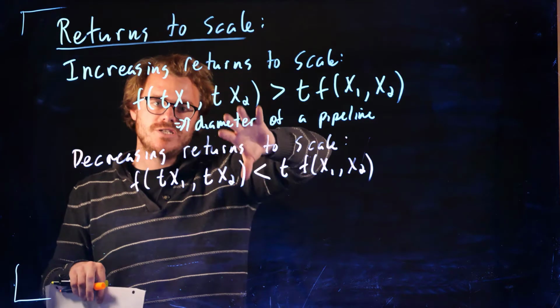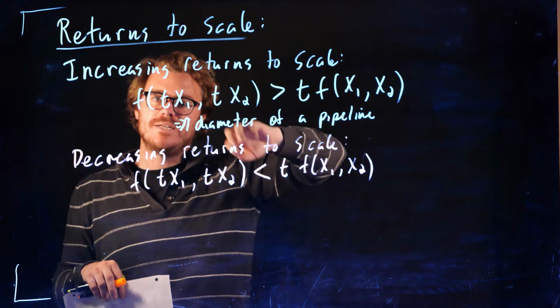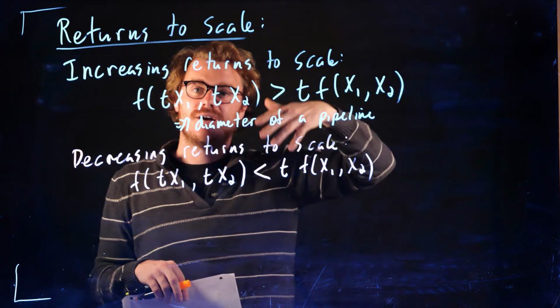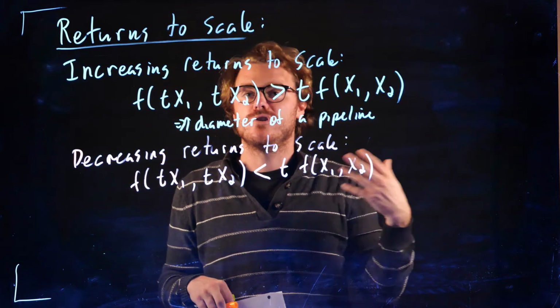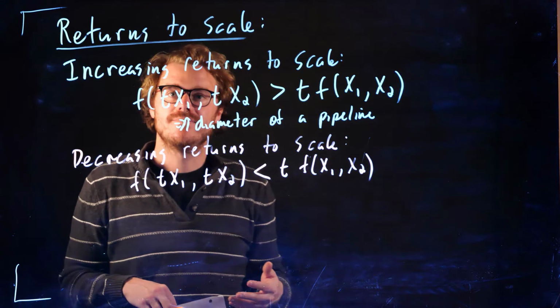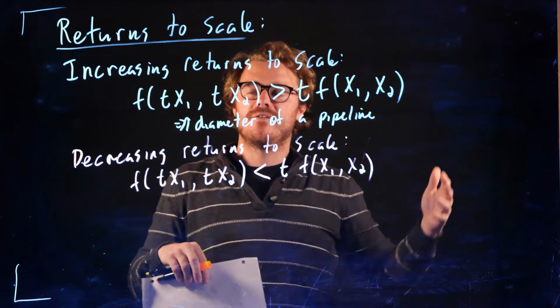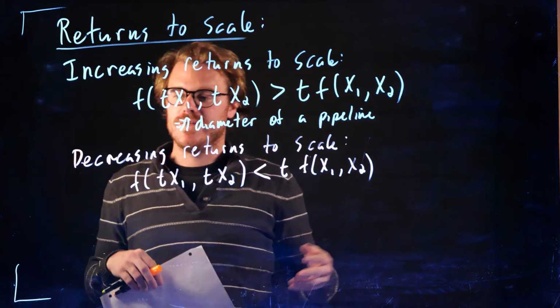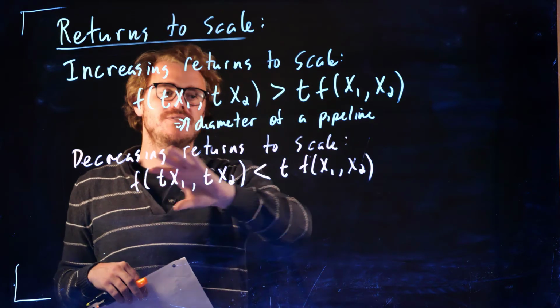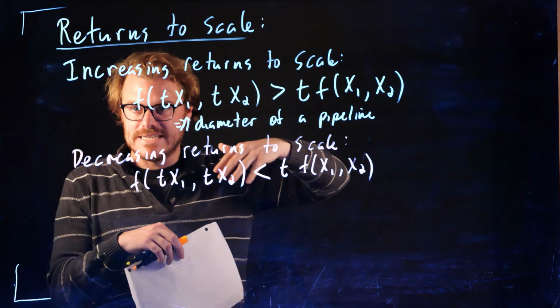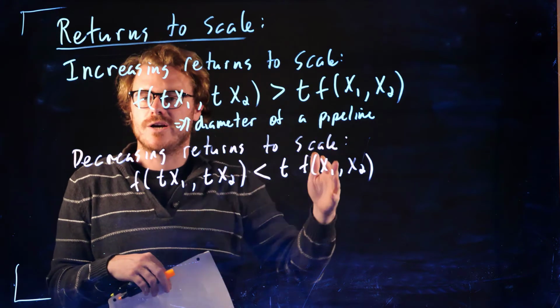At different points of production, we could have different kinds of returns to scale. So maybe on low levels of production, we could have increasing returns to scale. At some medium level of production, we have constant returns to scale, and then at some high level of production, we have decreasing returns to scale. So the returns to scale can change depending on the level of production as well.